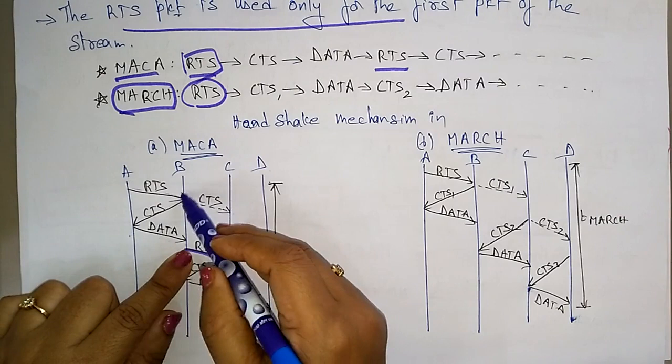After that, D says, I'm free, you can send the data. Then it sends the data. There is no need to ask again with request to send. The first packet is enough for the request to send. Based on the communication, because they are all exposed nodes, they can directly send the data whenever the node is not busy.